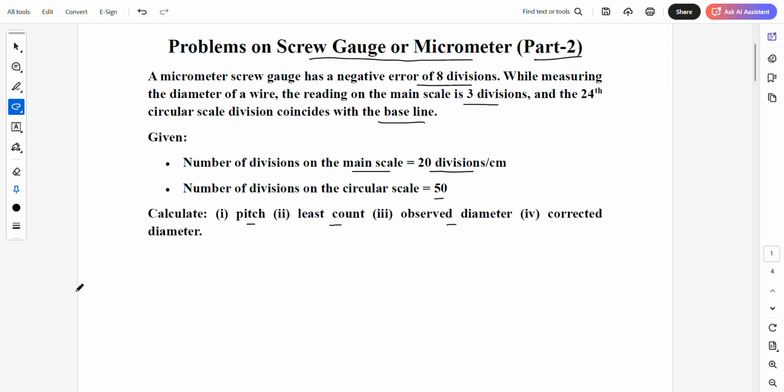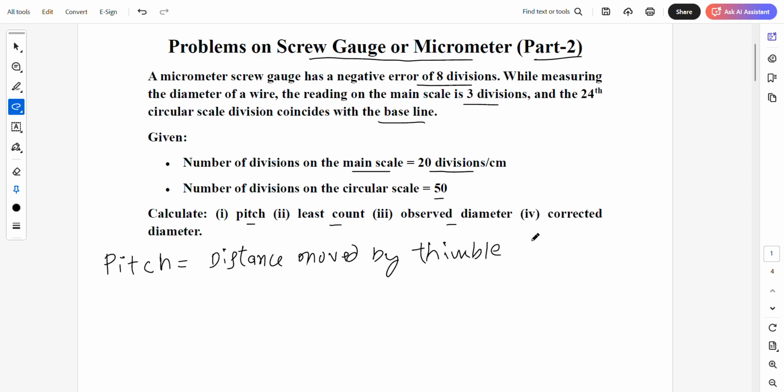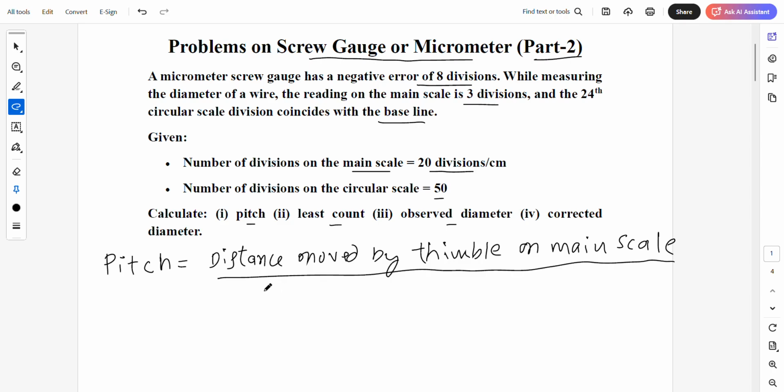Now in the previous part we have seen what is meant by pitch. Once again I will write for you. Pitch is nothing but the distance moved by thimble on main scale divided by number of rotations of thimble.